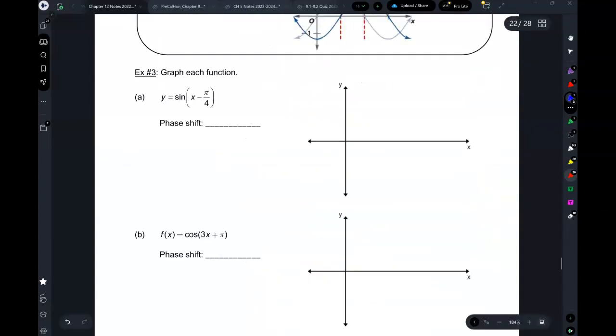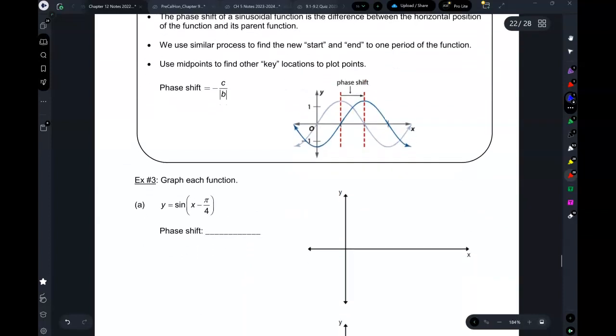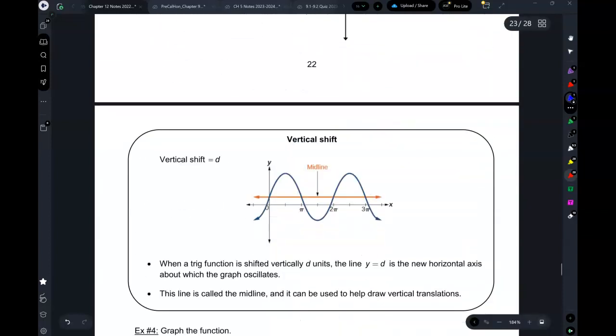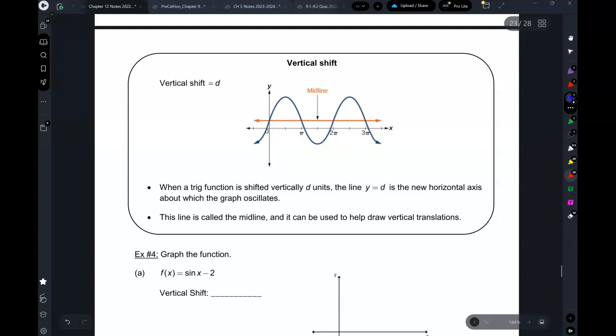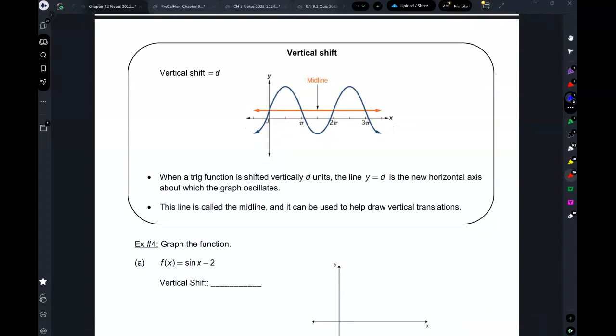Okay, I'm actually going to skip phase shift. We're going to go to vertical shift. Vertical shift, you know what it is. The constant D is what's responsible for vertical shift. And it's really like when you had K, right?